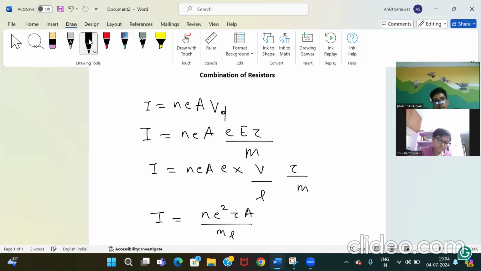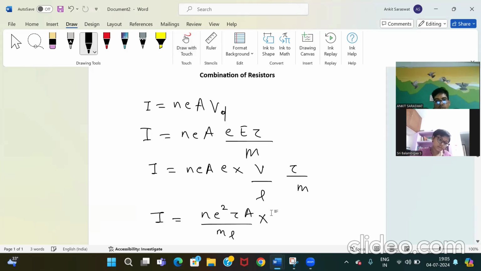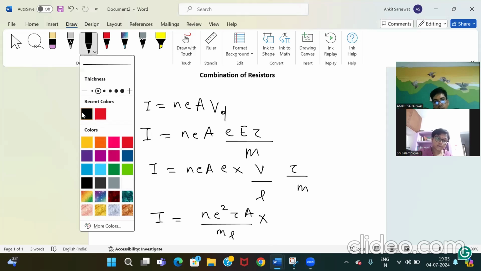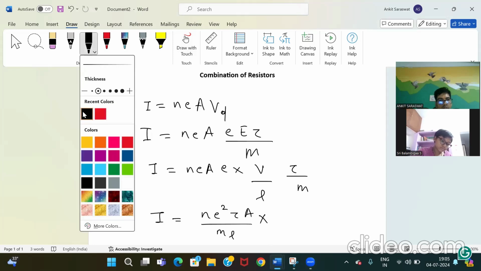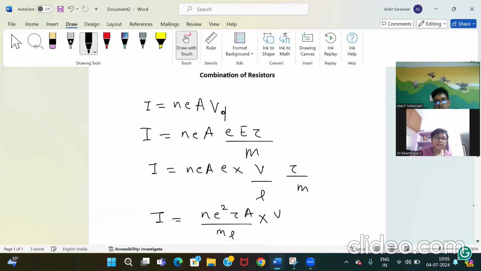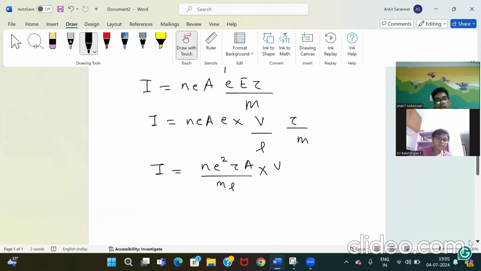Or here, what is there? Tell me what is left. Anything left here? Yes, into V. So I is equal to n e square tau A V by ml.